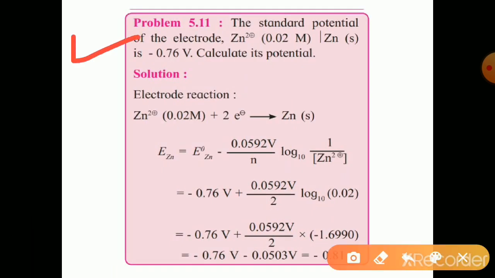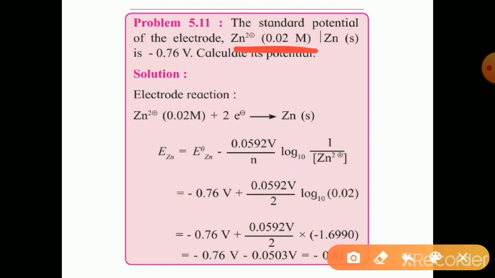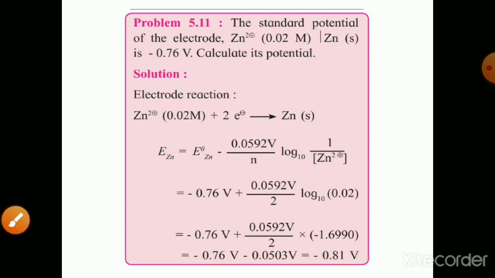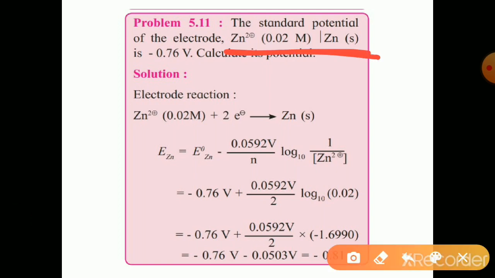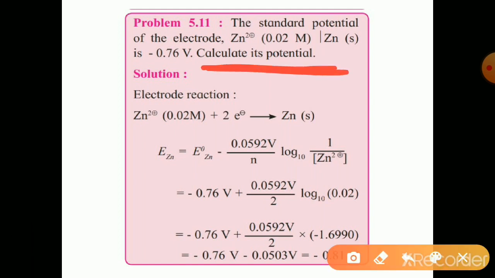Another numerical is the standard potential of an electrode. This electrode is given, its standard potential is given, and the concentration of zinc ions is also provided. This is the single electrode. Standard potential of the electrode is given. Calculate its potential, that is the non-standard potential, it is asked to calculate.